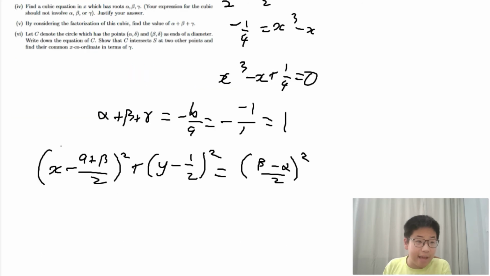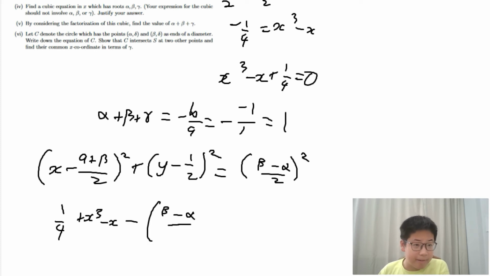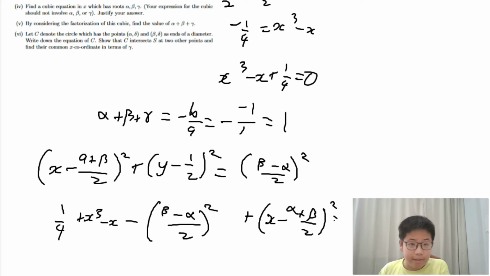And so C and S intersect when a quarter plus x cubed minus x minus ((beta minus alpha) over 2) squared plus (x minus (alpha plus beta) over 2) squared equals 0. There. So alpha and beta actually satisfy this.